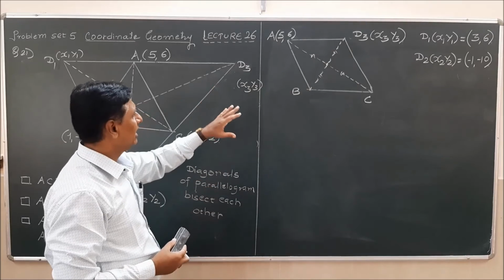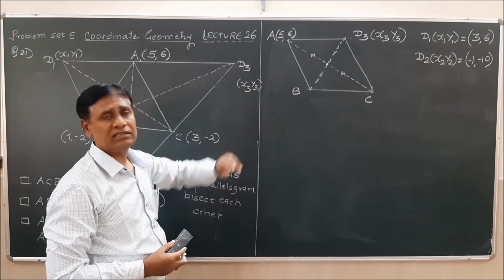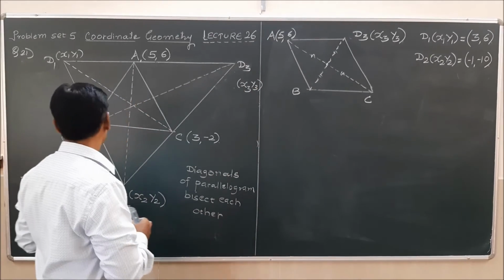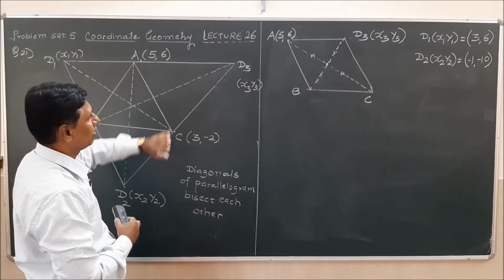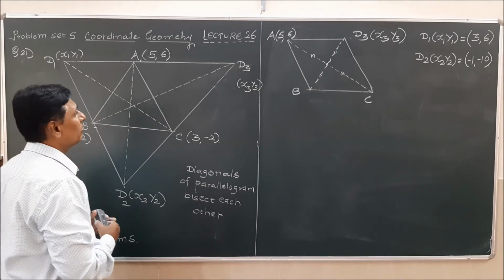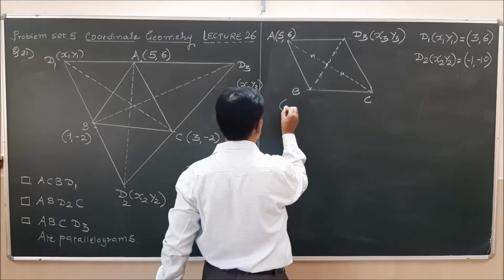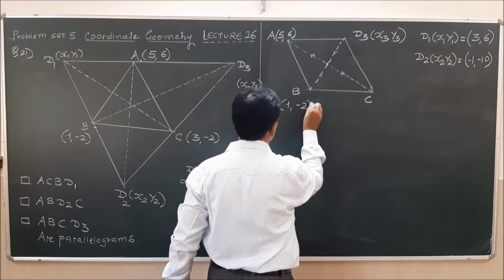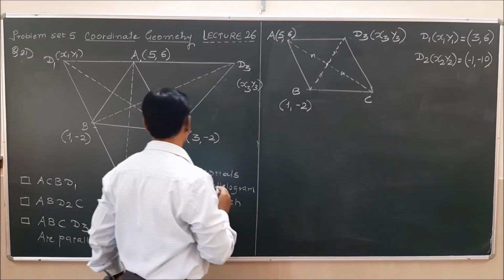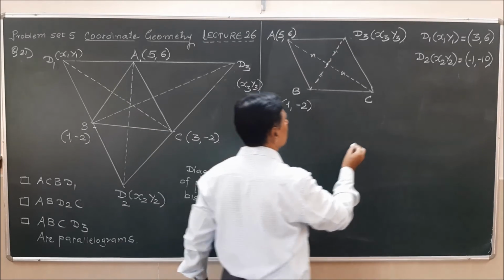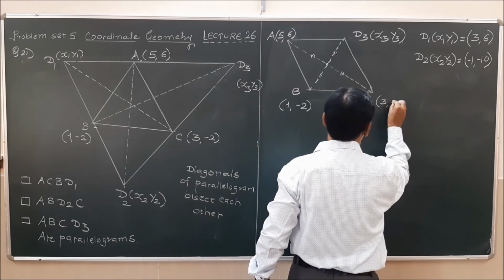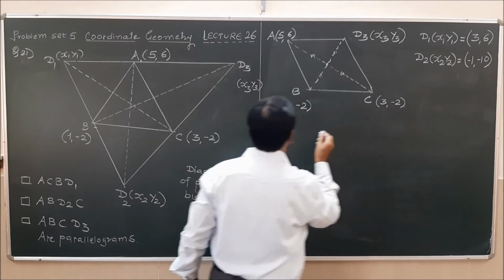Same way, A, B, C, D3. Now let's see. Coordinates of A are 5, 6. Coordinates of B are 1, minus 2. Coordinates of C are 3, minus 2.